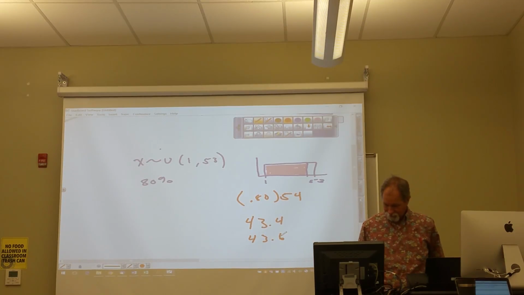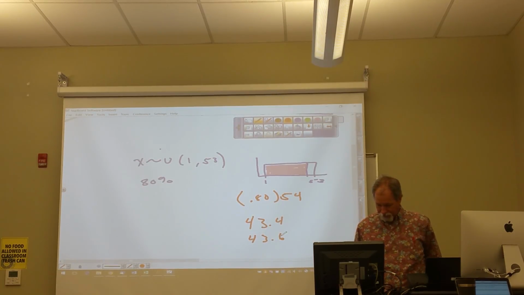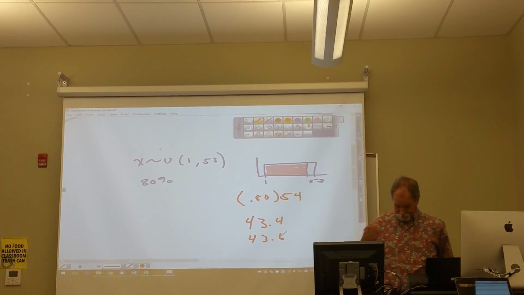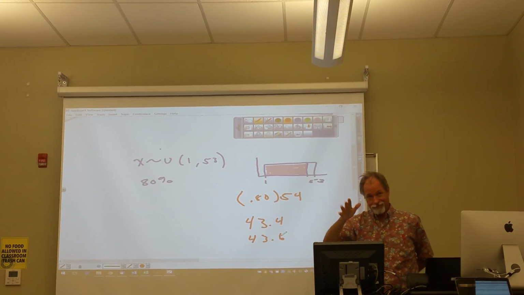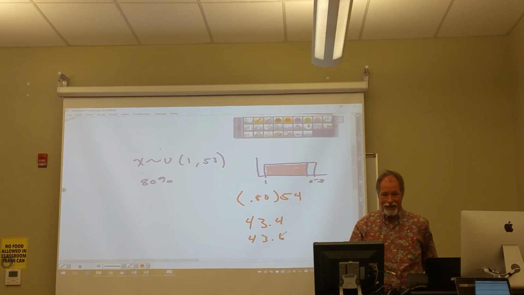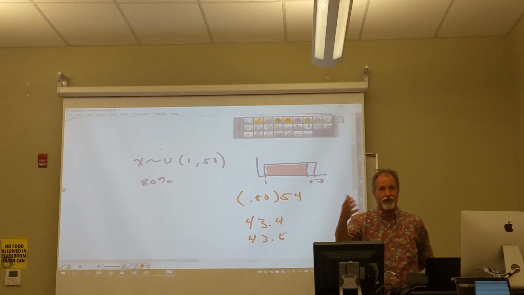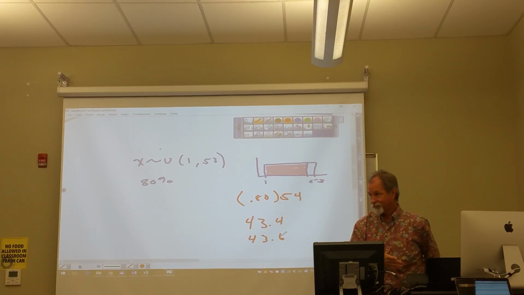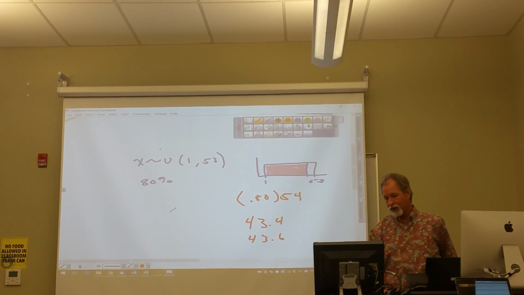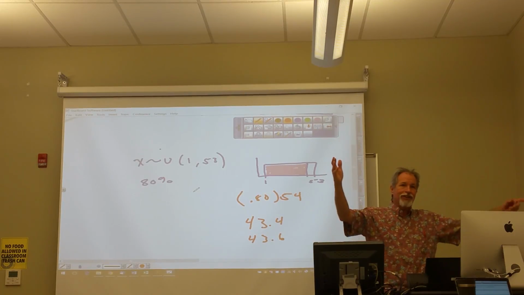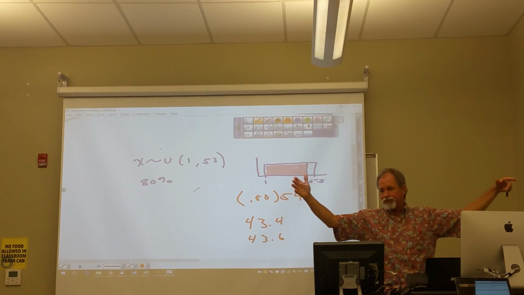Okay? I would not overly fret about that. It's not going to be that critical. So when it comes to percentiles, just remember, that's about the 80th percentile.